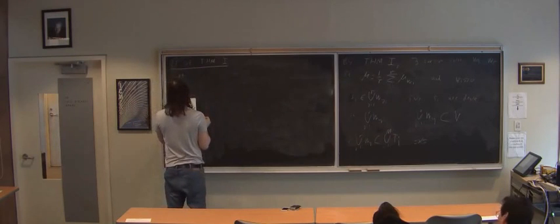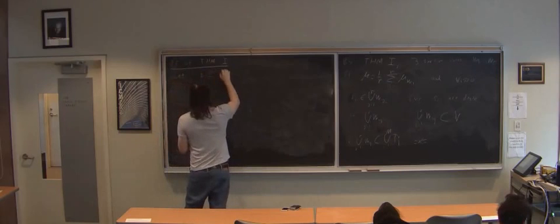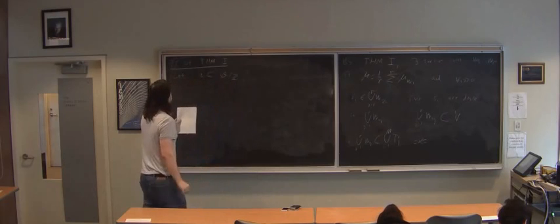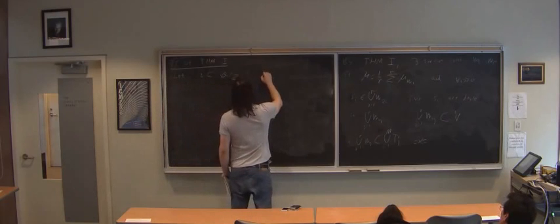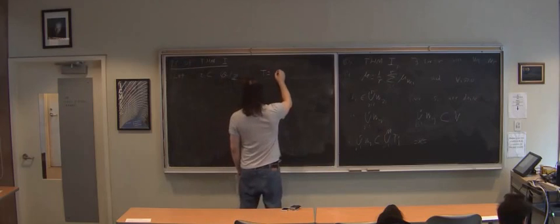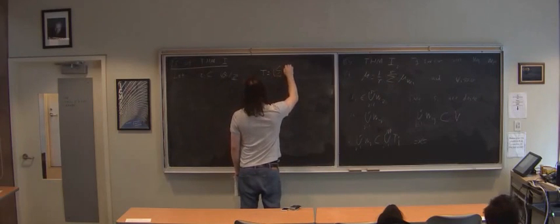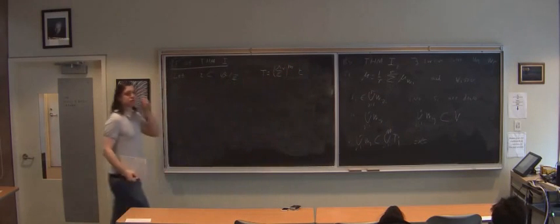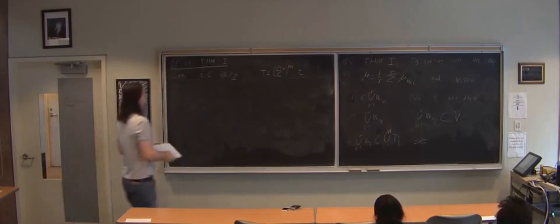Suppose you have t in Q mod Z, and that capital T in Z hat star orbit of little t.